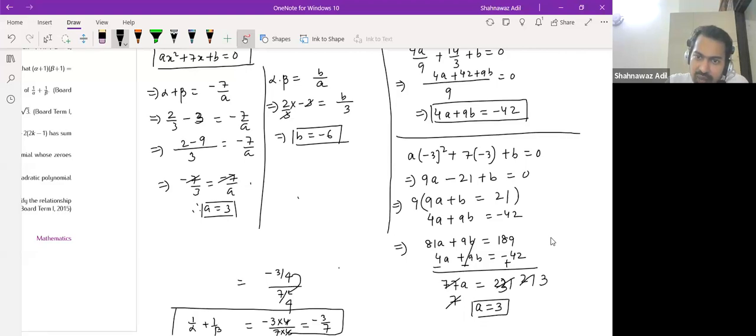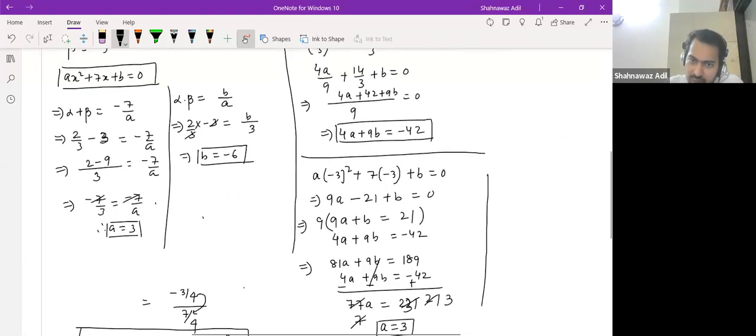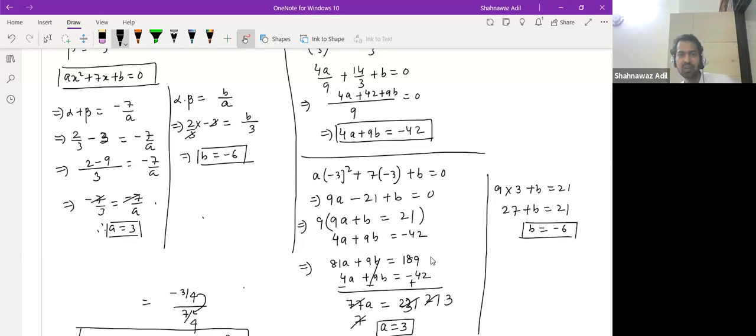And similarly, by putting the value of a, 9 into 3 plus b equals 21. So 27 plus b equals 21, so b is minus 6. Right. I guess this method is the easier one.